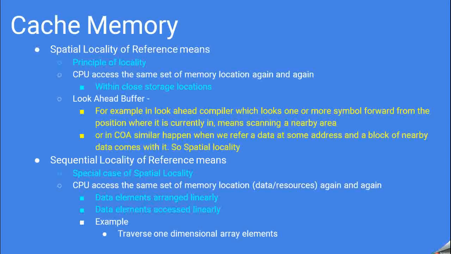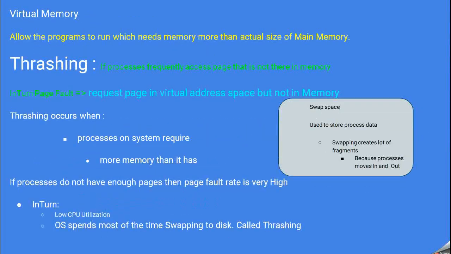You can access that complete data structure that is stored sequentially, so that we can traverse, for example, a one-dimensional array, and it just loads every piece of information that is sequentially stored into the TLB, so that the next time we require those blocks or data, we can access it quickly from the TLB instead of going to the main memory.